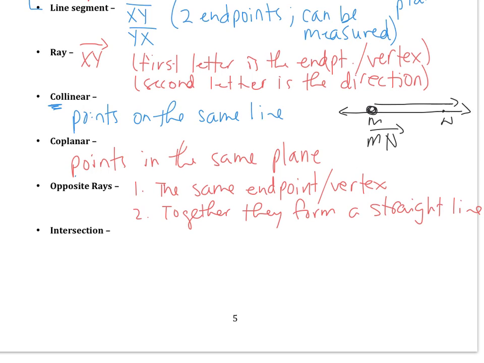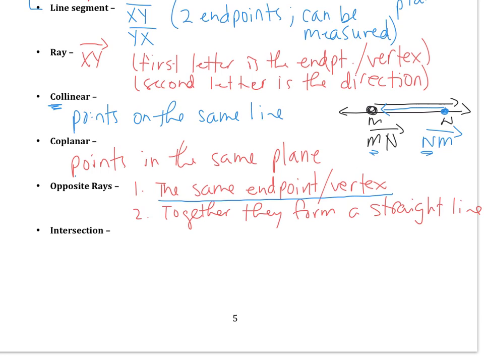If I were to talk about ray NM, I would start at N and go this direction. So the question is, are they opposite rays? Because they're going opposite directions. And the answer is no, because they do not have the same endpoint. They don't start with the same letter. So those are not opposite rays.